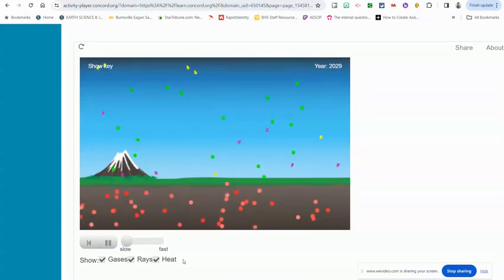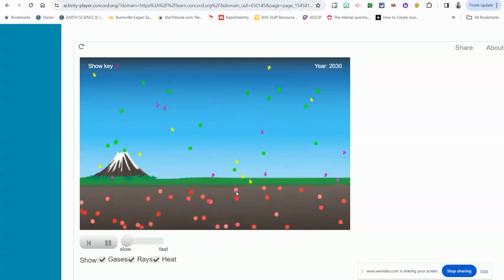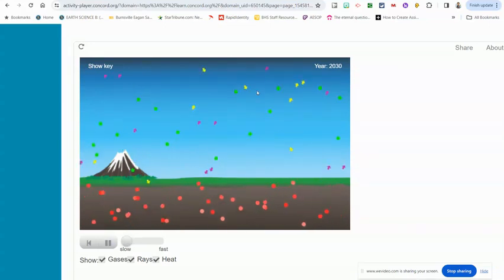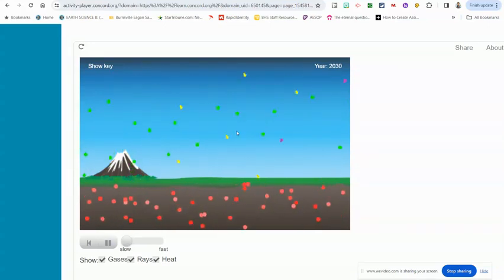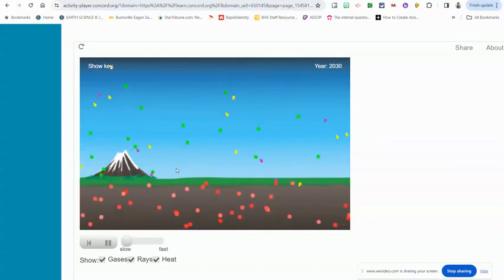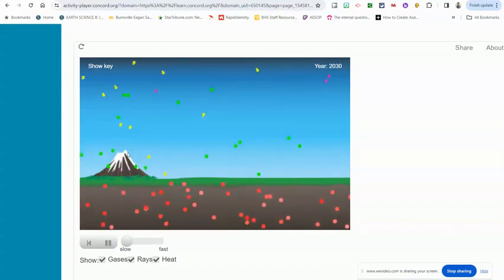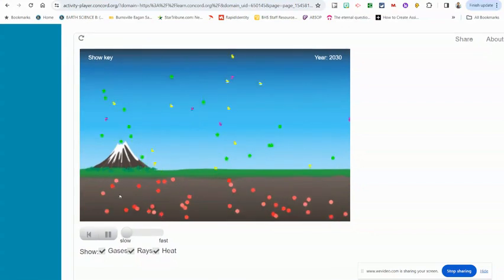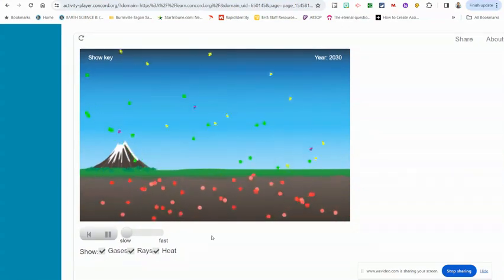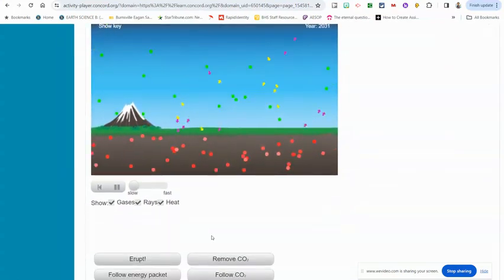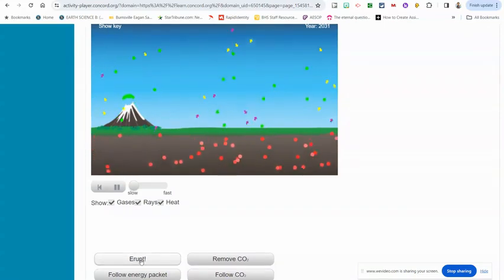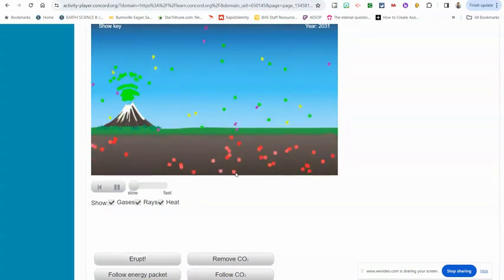Now, what can happen to the red dots? That's heat. That can be re-emitted back into the atmosphere as infrared radiation. Now take a look at how these interact with the green particles, the carbon dioxide. So I'm going to increase the amount of carbon dioxide in the atmosphere by erupting the volcano. I'll click down here where it says erupt.